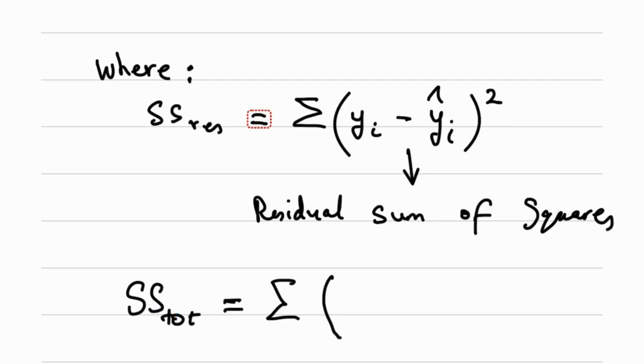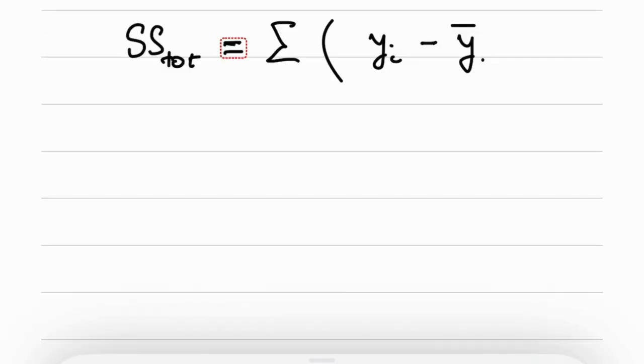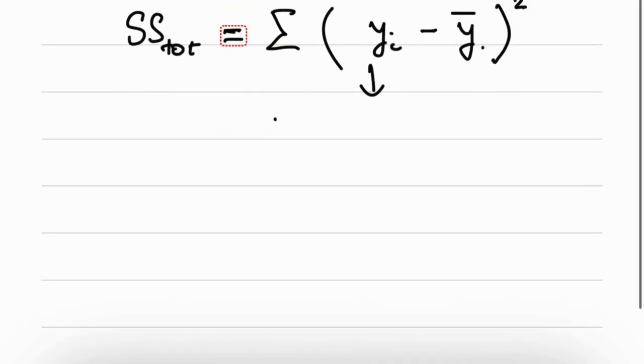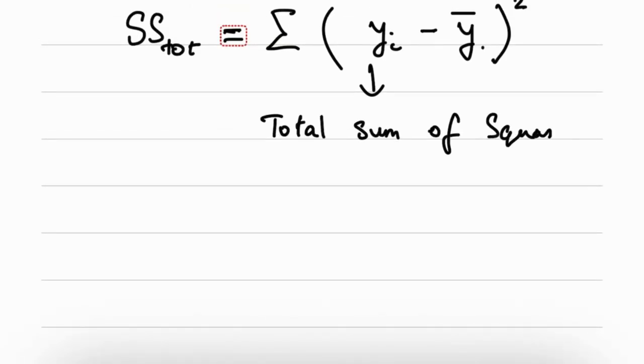Similarly, SS total means the total sum of squares, which is represented by yi minus y mean whole square. This can also be said as the variance in the data.